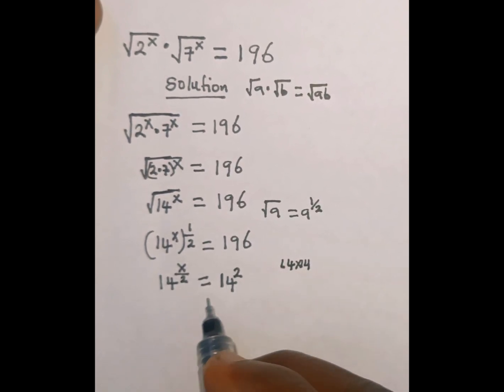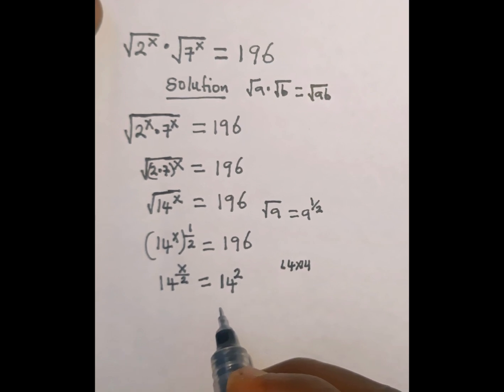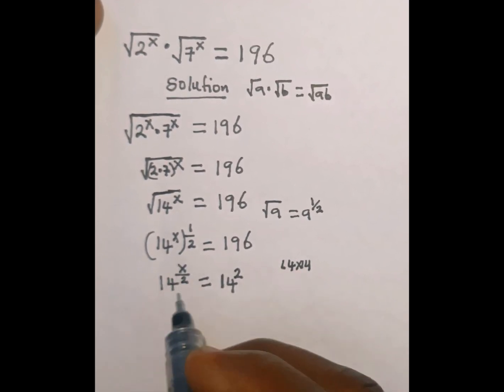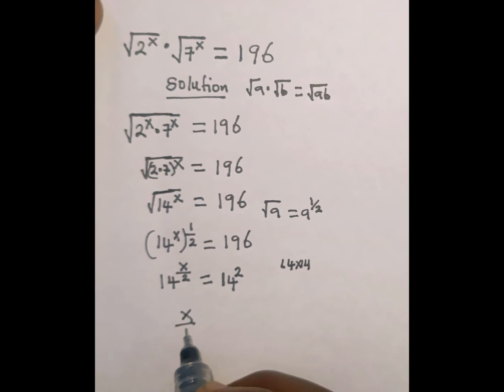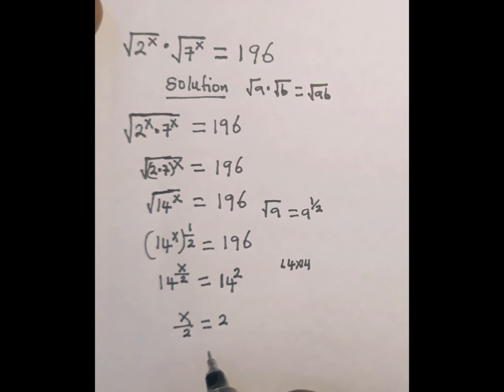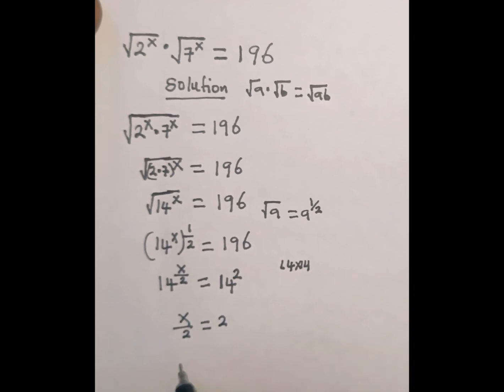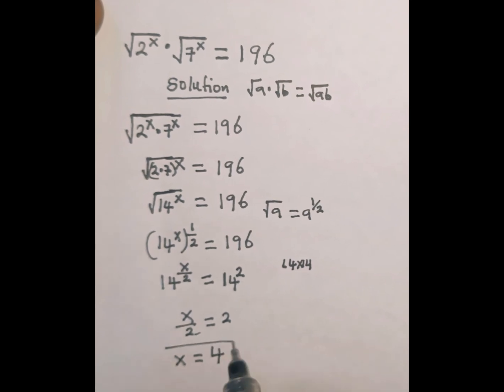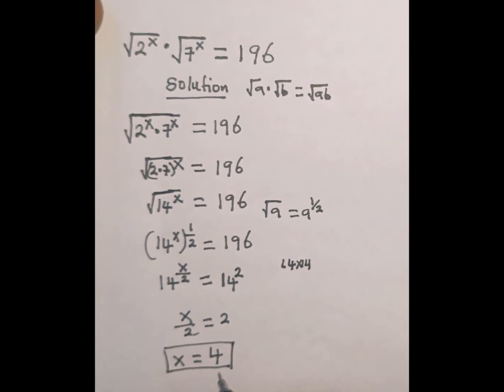So now that we have the same bases, then the powers are also the same. So we are going to cancel out the base and equate the powers. The first power is x over 2, which is equal to the second power, which is just 2. Now to get the value of x from here, we just cross multiply. Then x will be equal to 2 multiplied by 2, which is going to give us 4. So therefore, 4 is the value of x that will satisfy this equation.